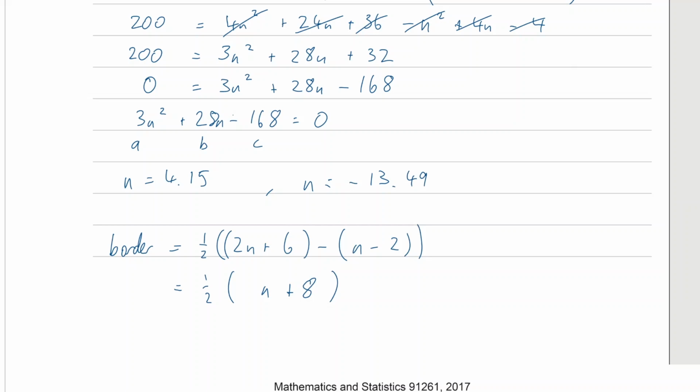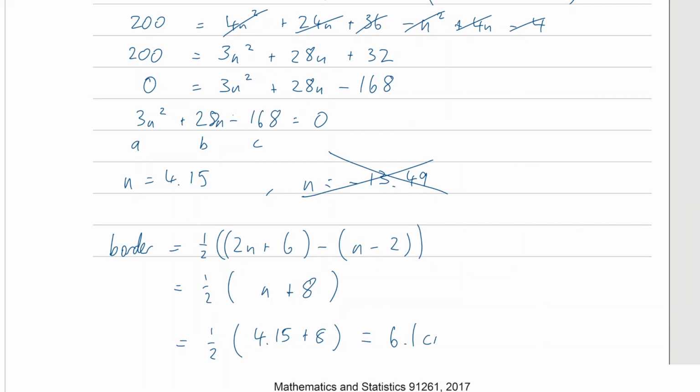But in this case, for a distance, we will disregard the negative solution and take our positive solution and substitute it in for n, which is 4.15 plus 8 all divided by 2 gives us about 6.1 centimeters.